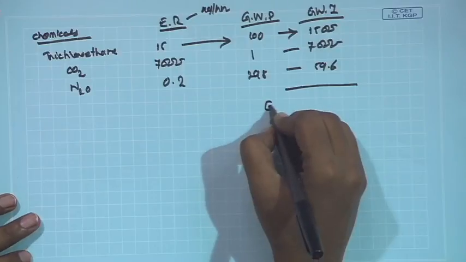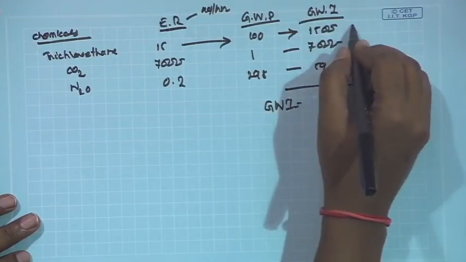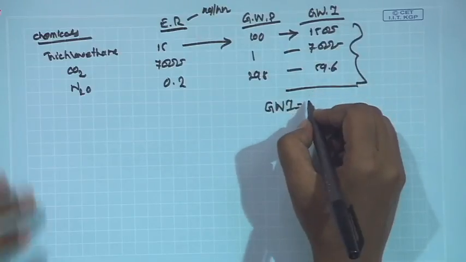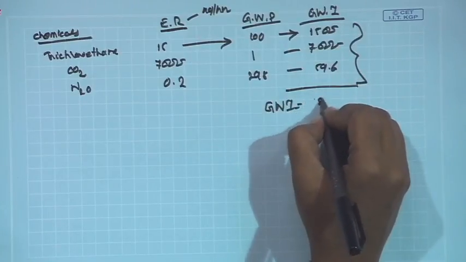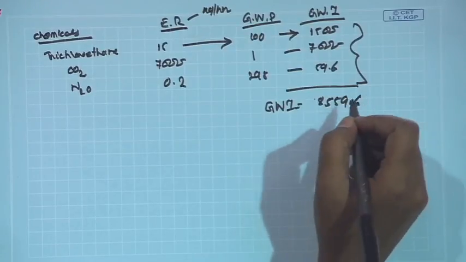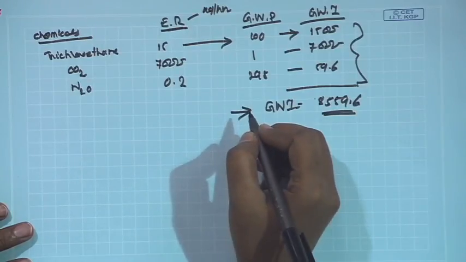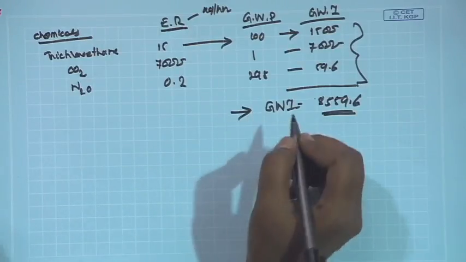Then the total global warming index of the whole process is the summation of these, that is 8559.6. This is the solution of our first part, the global warming index for the metal processing process.